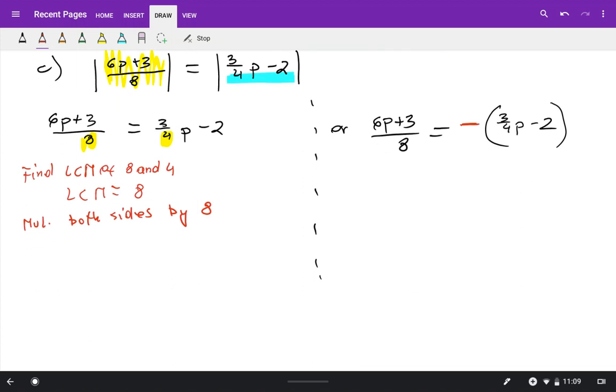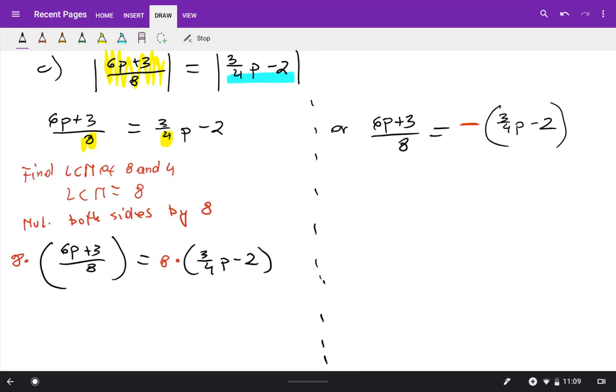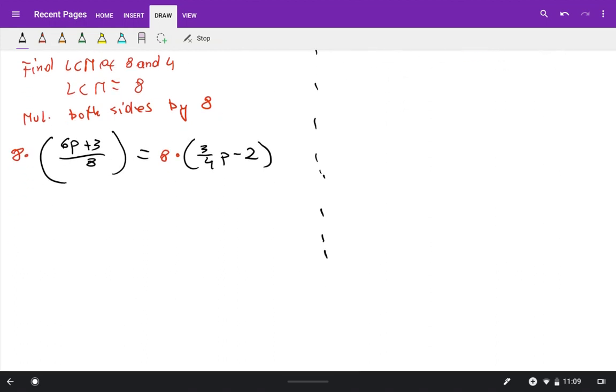I have 8 times, in parentheses, the left side of the equation, 6p plus 3 over 8, equals the LCM, 8 times, and in parentheses, 3 over 4p minus 2. Next I'm going to distribute 8.